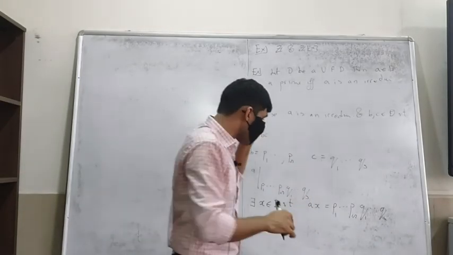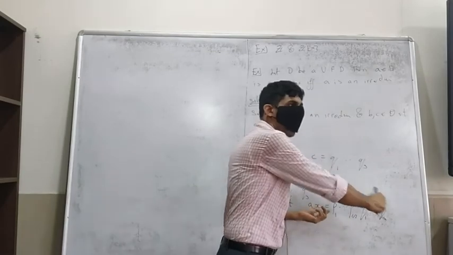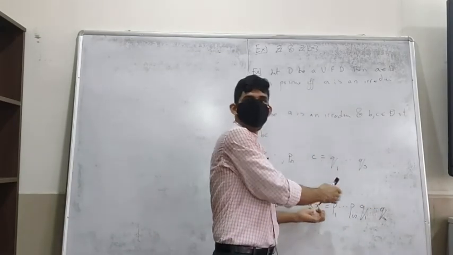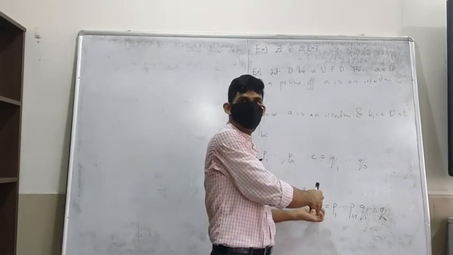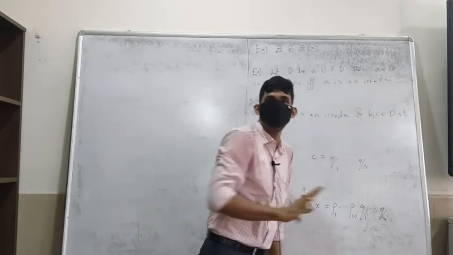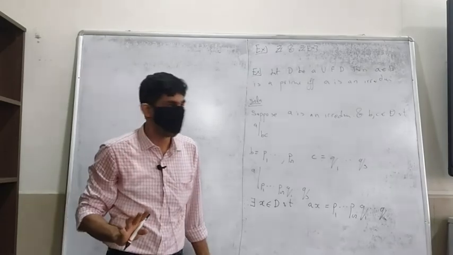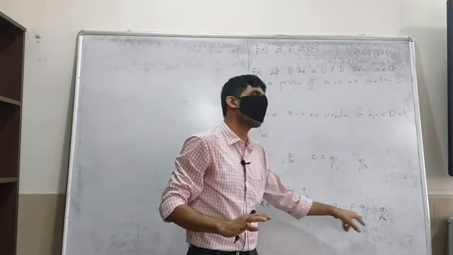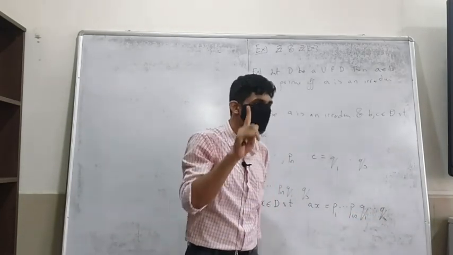The number of primes appearing on this side should be the same as the number of primes appearing on that side.